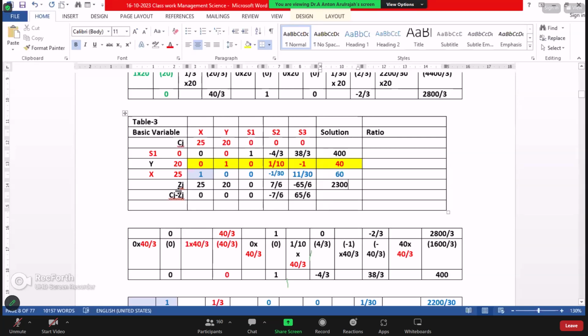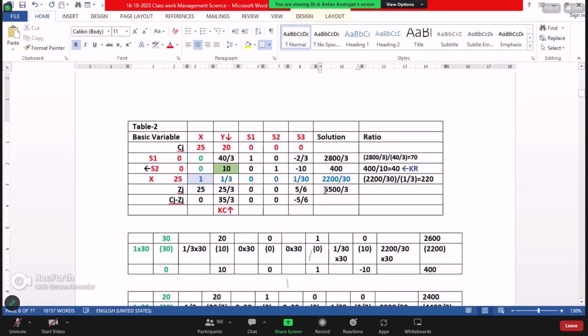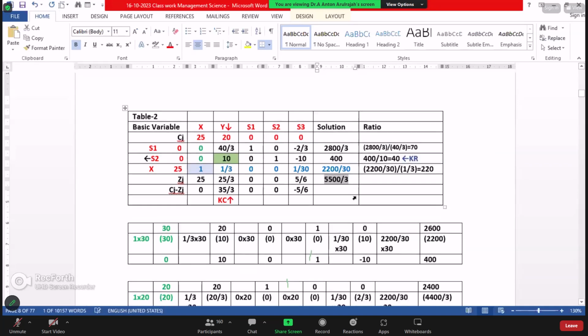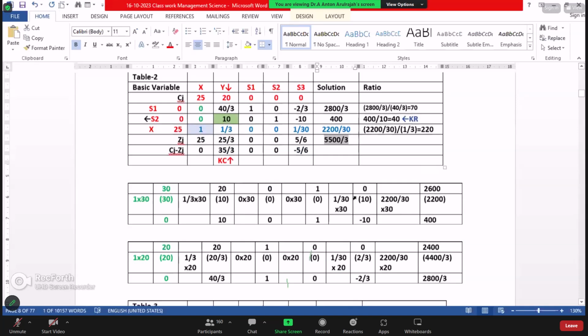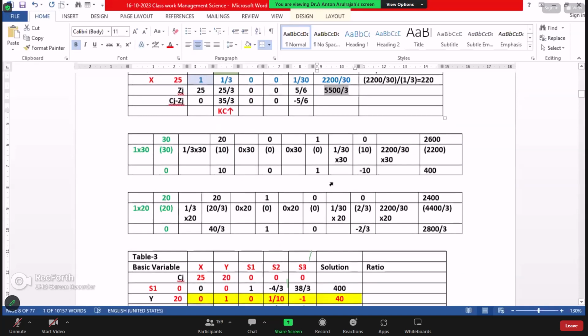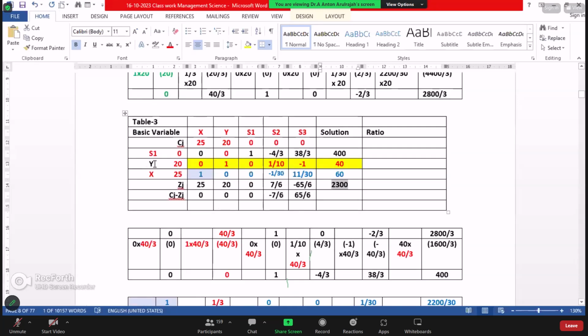So now you see that the second table profit is somewhat 1,800 something, 5,500 divided by 3. So now we have improved the return to 2,300 profit. Product 2 we are producing 440 units. Product 1 we are producing 60 units. S1 material is 400. Okay.